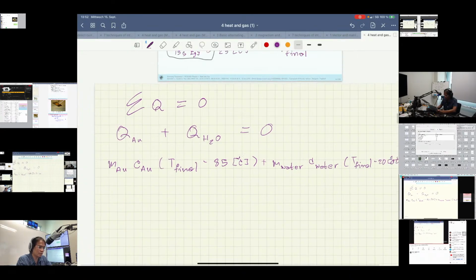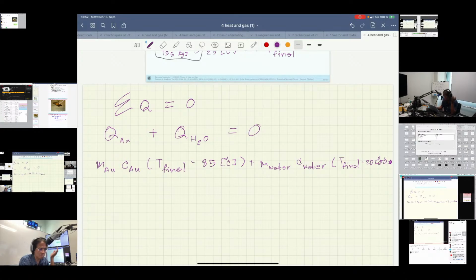And we have to solve this equation for T final. You would see that you distribute this one to this one, right? And you move the terms to the right side. You will get the mass of the Au times C Au times T final, and plus mass of water times C of water times T final.